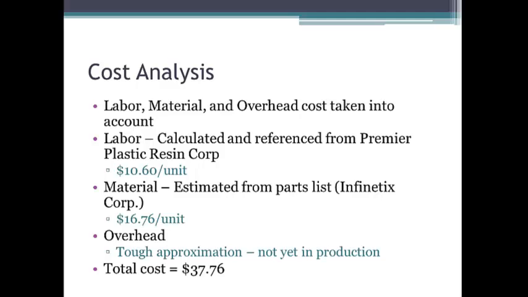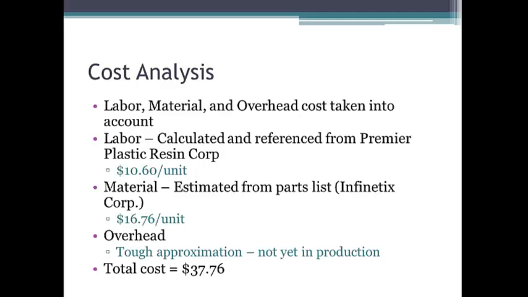Next is the assembly on the manufacturing floor, with a cycle time estimated at 30 minutes per unit with 4 operators at $15 an hour, coming out to a total of $3 per unit. Next is the cost of material.